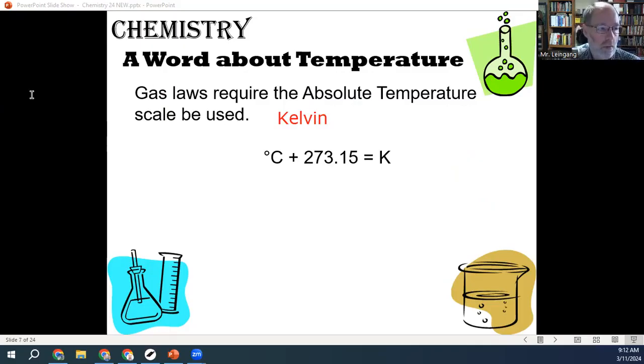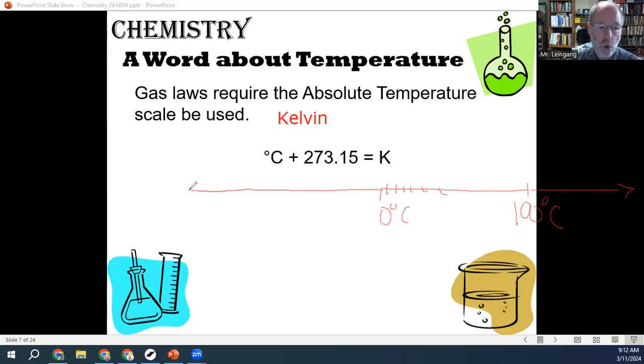Right now, when we use Celsius, you know that water freezes at 0 degrees Celsius, and you know that water boils at 100 degrees Celsius. And that's actually how the Celsius scale was determined. They said, let's set 0 at where water freezes. Let's set 100 at where water boils. And then we'll divide that into 100 little spaces. And then we'll be able to make that for as hot as we want and as cold as we want.